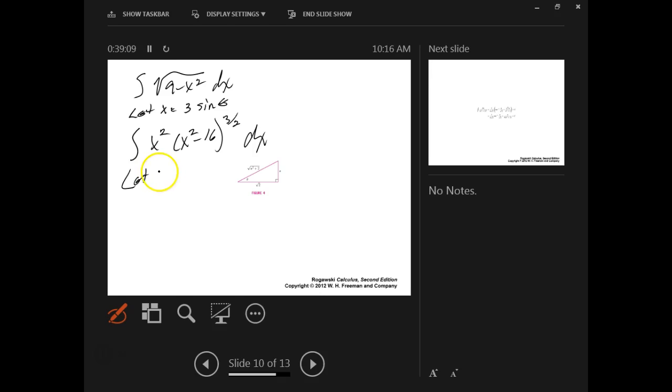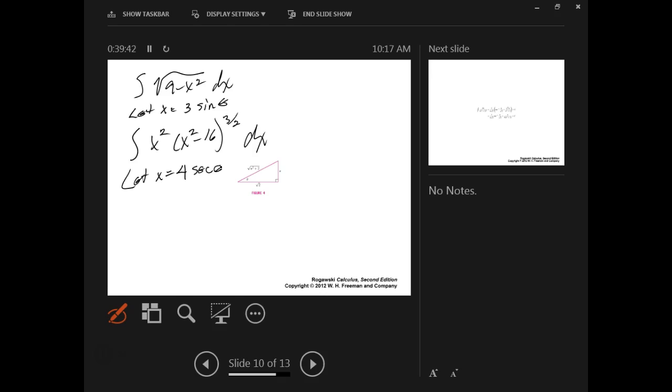Whew, got the hard part done. X equals 4 secant theta. All right. Making big progress. If it's 16 minus x squared, that would be a sine. X squared minus 16 is secant.